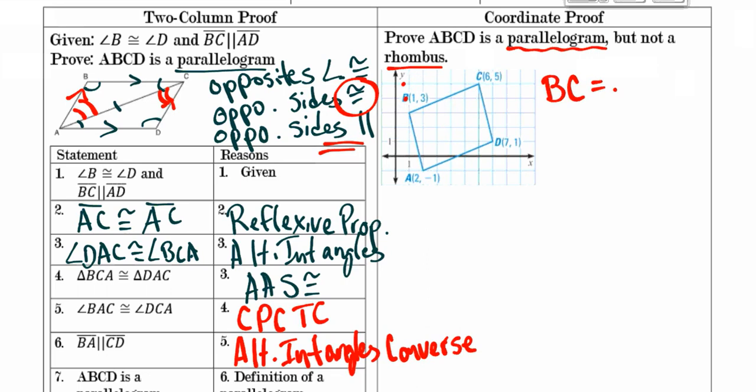So that equals the square root of 2 squared plus 5 squared, counting 1, 2, 3, 4, 5 over. I'm basically just using the distance formula, just cutting down the showing the work part. So the length of BC is the square root of 29.